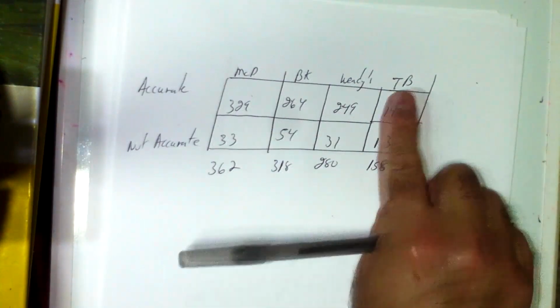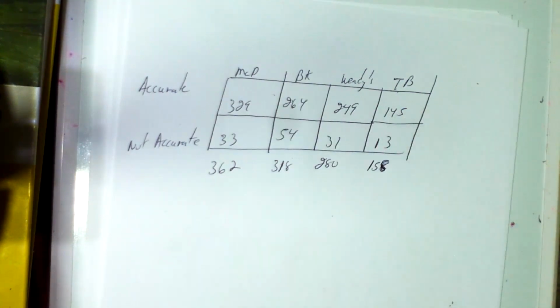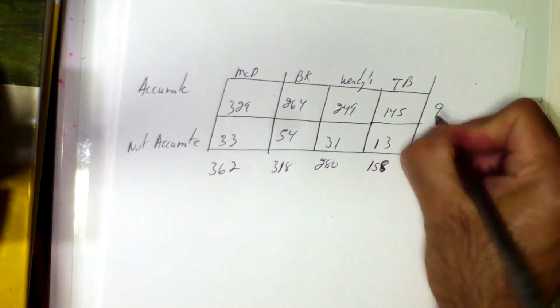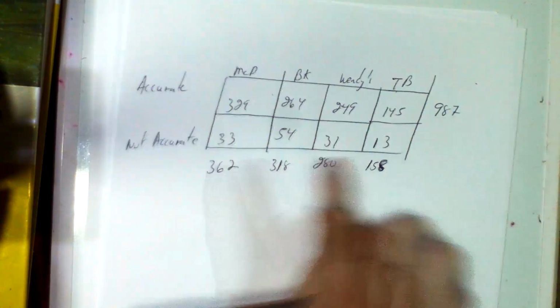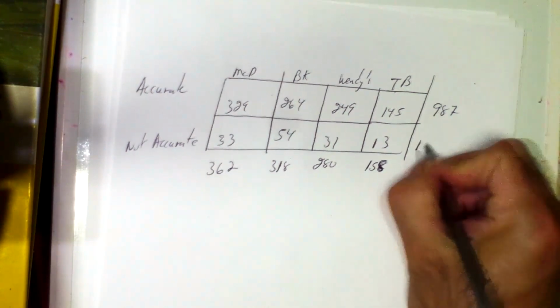Now I got to get the total of my accurate. So I'm going to add 329 plus 264 plus 249 plus 145. 987. I'm going to add the not accurate row. 33 plus 54 plus 31 plus 13, 131.